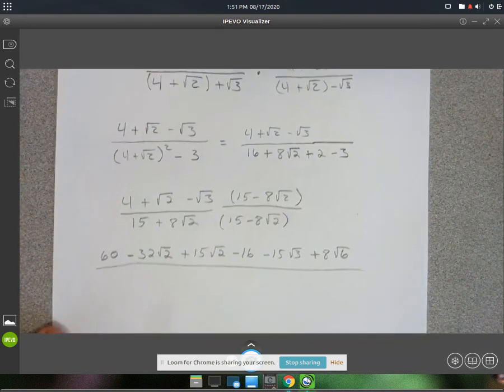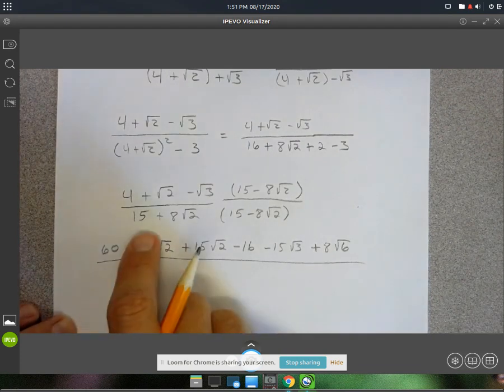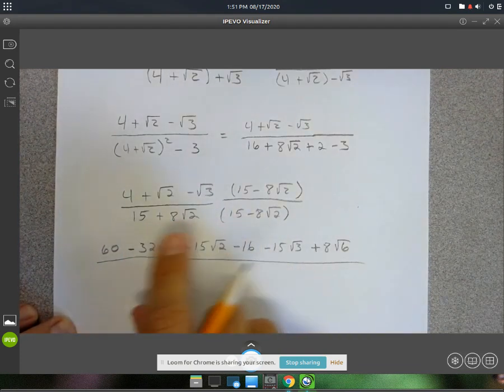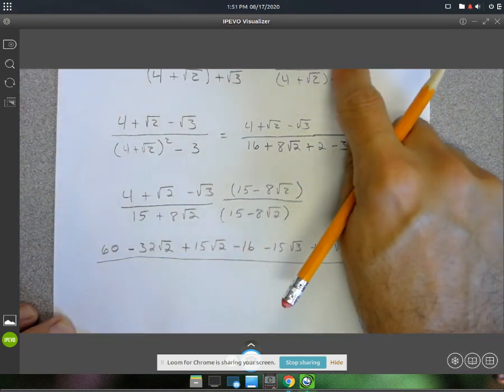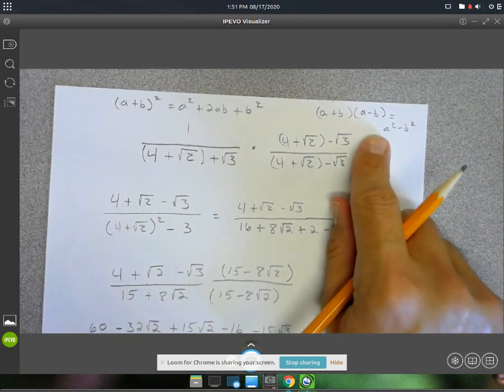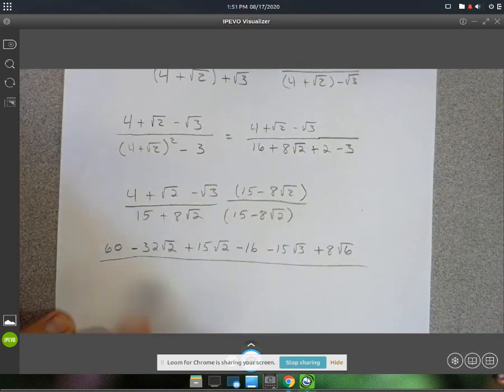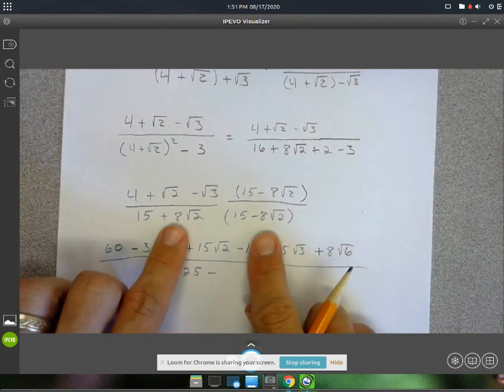Now on the bottom, this will work out a lot nicer. This is the difference of squares here, the a plus b times a minus b stuff. So we're going to have 15 times 15, that's 225, minus, and then we're going to multiply these terms.